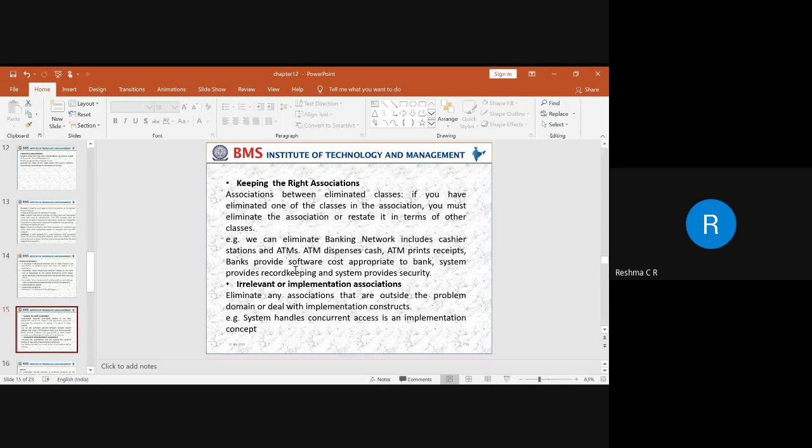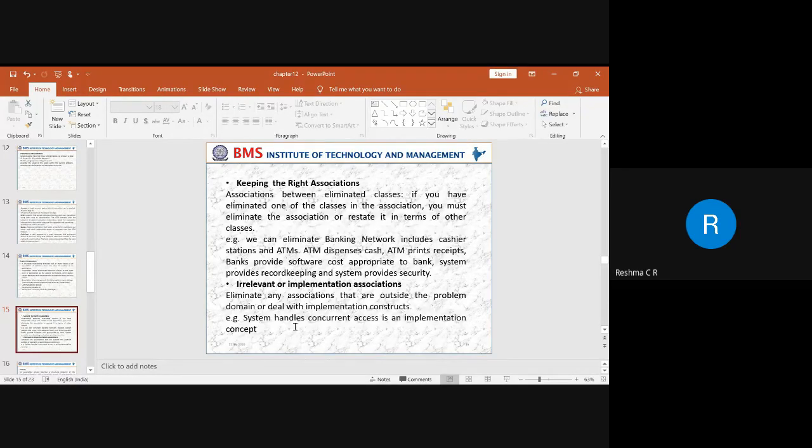So the next thing is irrelevant or implementation classes. Say we had taken cost as an irrelevant class. When we have identified those as irrelevant classes, whatever associations are there with respect to those irrelevant classes have to be taken outside the problem domain or outside the implementation concept.